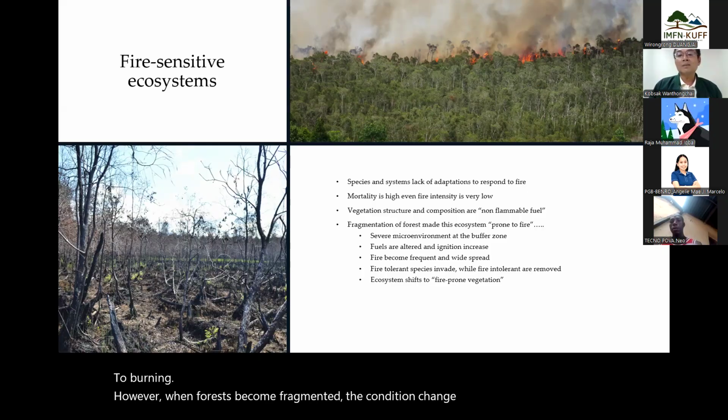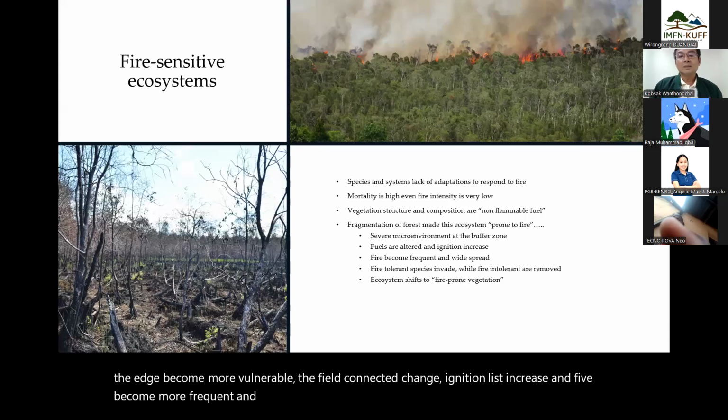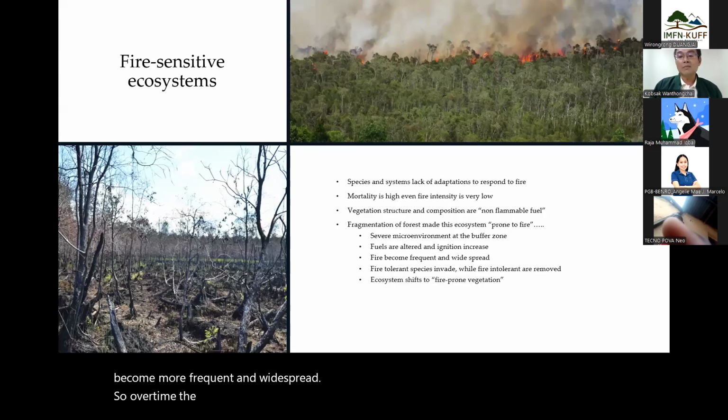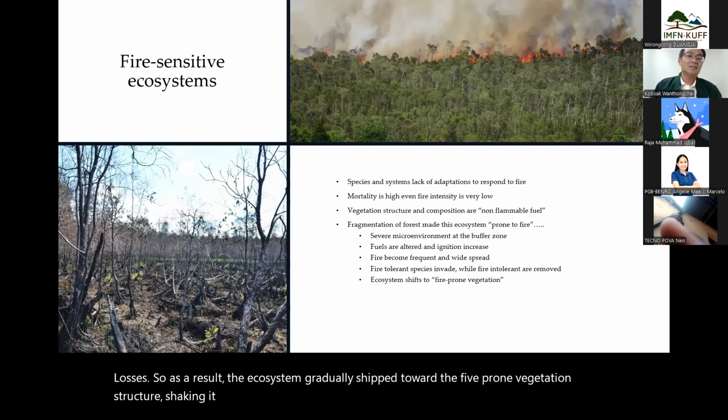The microenvironment at the edge becomes more vulnerable. The fuel characteristics change, ignition risk increases, and fire becomes more frequent and widespread. Over time, fire-tolerant species may invade, and the original species, those that cannot handle it, are lost. As a result, the ecosystem gradually shifts toward a fire-prone vegetation structure, changing its ecological identity.